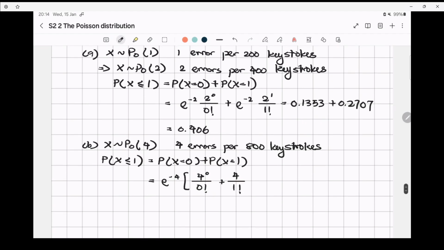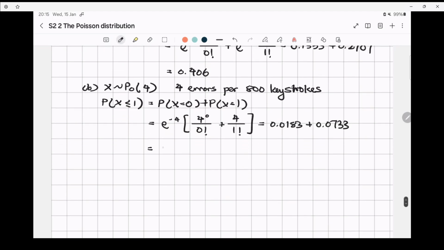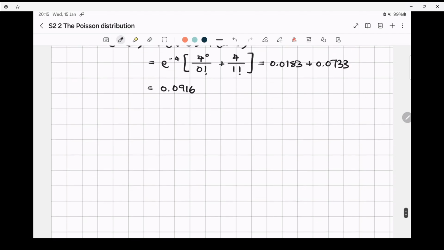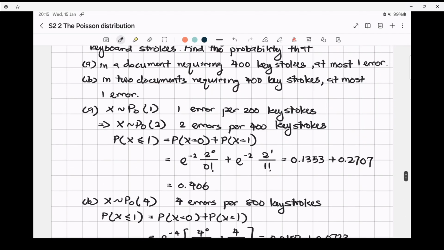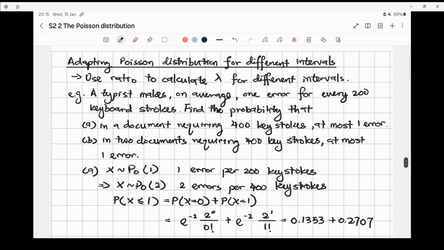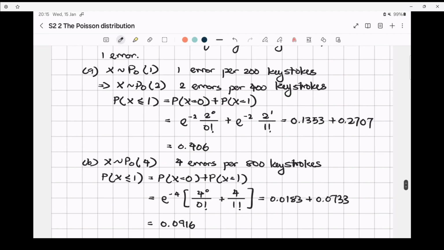So this would be 0.0183 plus 0.0733, and this is 0.0916. Okay, so that's how you convert between different intervals, just using ratio.